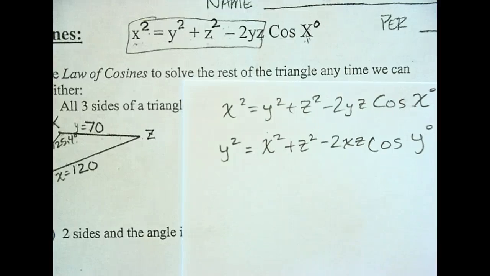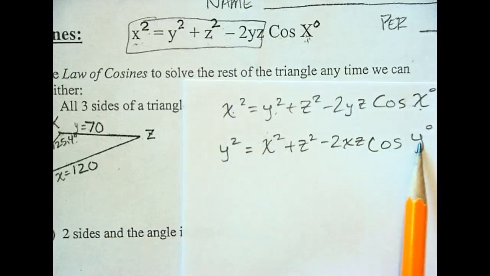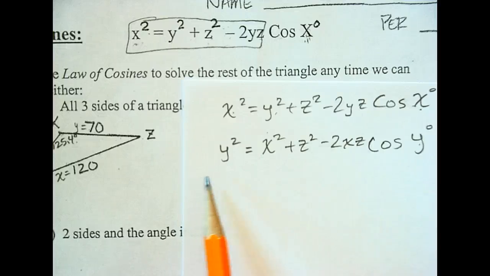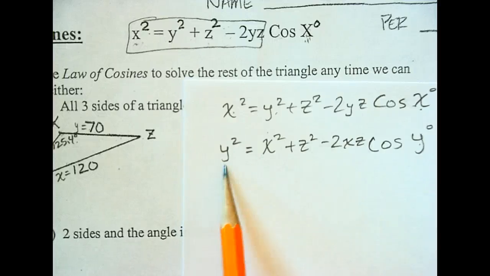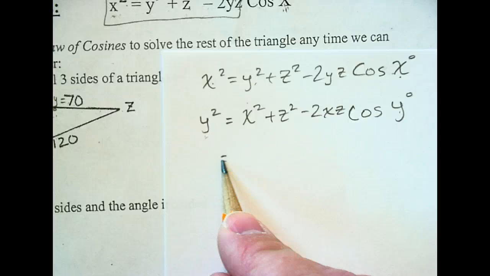You notice when I was trying to find angle x, x didn't appear anywhere else other than at the beginning. When I'm trying to find angle y, y is not going to appear anywhere else other than the beginning. So I want you now to write down what the formula is going to be for finding, say, angle z.